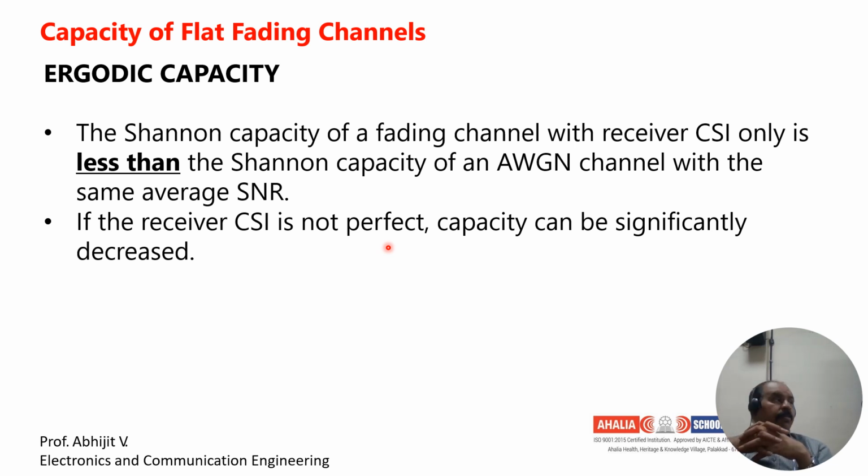So what do you mean by ergodic capacity? Ergodic capacity, under the condition where the value of G of I is known to the receiver and the distribution of G of I is known both to the transmitter and the receiver.